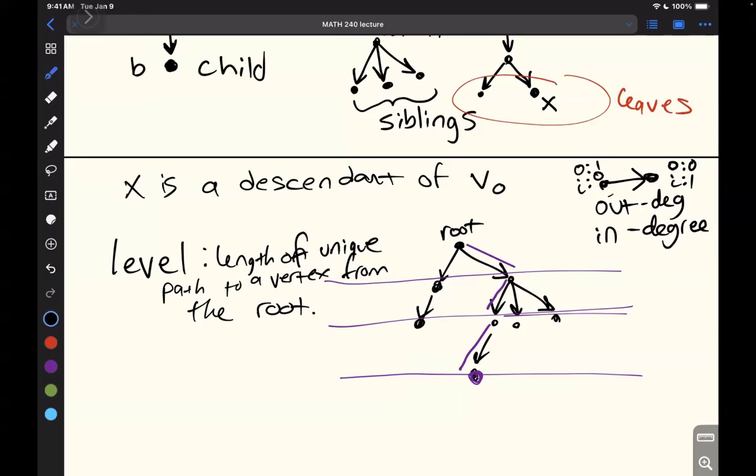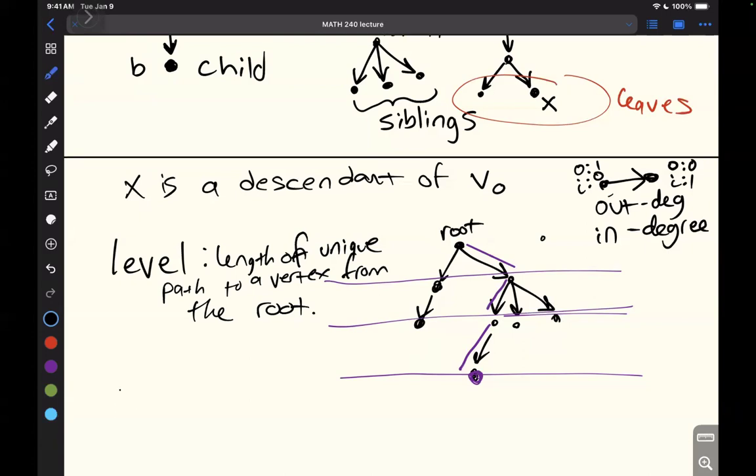When we're looking at the maximum number of levels, the level of this vertex over here is 1, 2. But if we're talking about the maximum number of levels that we have in the tree, it's 3. This is assuming that the root is at level 0.